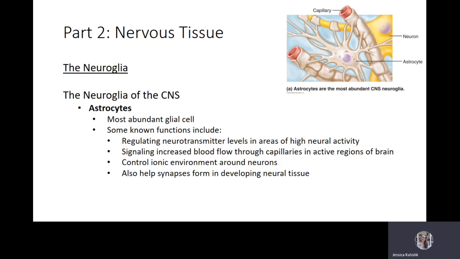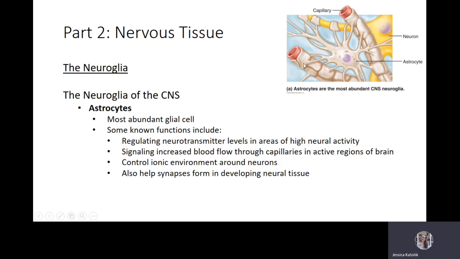Astrocytes get their name because astro refers to star and cyte meaning cell. So really it's a star cell. And if we look at the diagram, it does have that star-like shape. It has lots of branches, and its branches will extend to the neurons, and it will wrap around the blood vessels that are feeding the central nervous system.